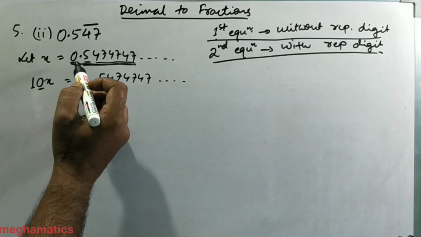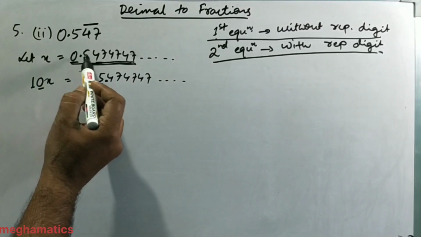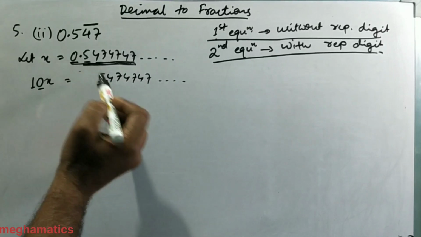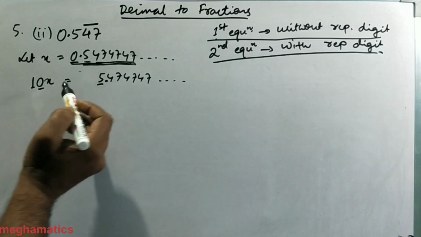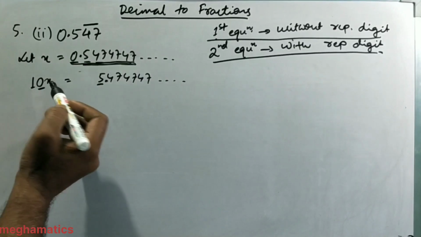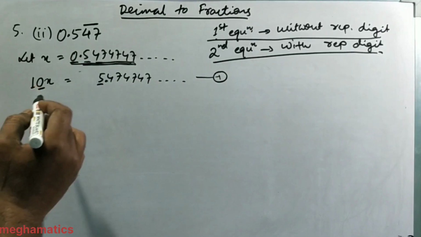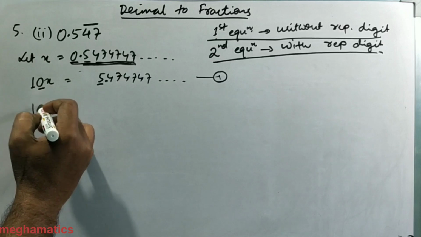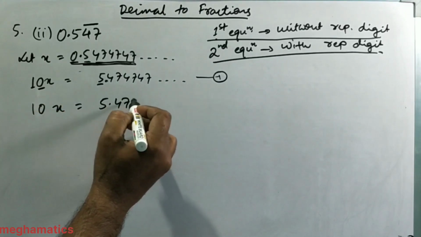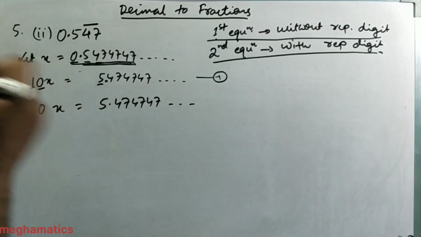If we compare with the previous equation, the point was before 5, here the point is after 5. That means the point has moved one digit towards the right, that is why we put one 0 with 1, multiplied with x, and this is equation number 1. Now, equation number 1 is 10x equal to 5.474747..., which is the same as equation number 1.